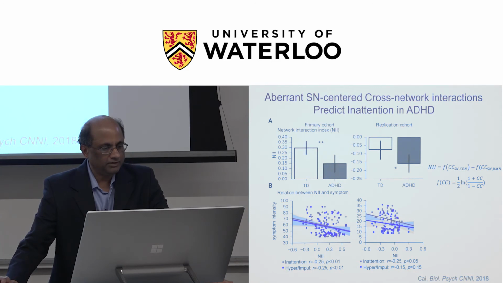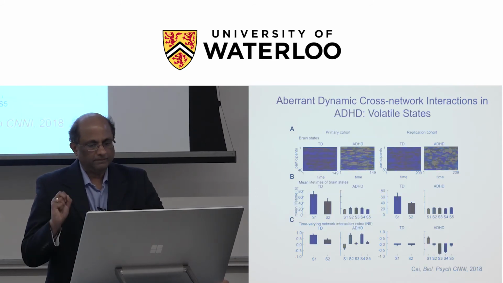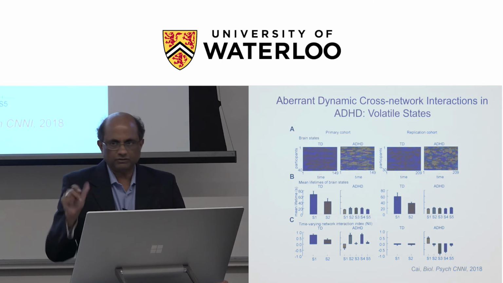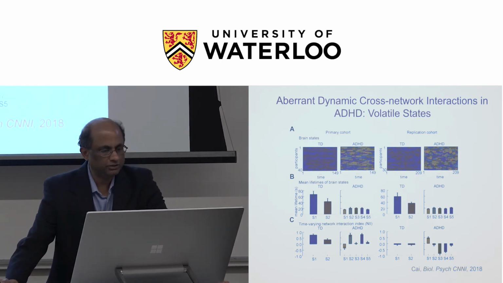And what we see is that the children with ADHD have lower network interactions, and that is actually predictive of these inattention symptoms. But even more strikingly, if you look at the dynamical features, using the window-based approach, you see that whereas typically developing children fluctuate between 2 or 3 states at the most, children with ADHD, their states are highly volatile.